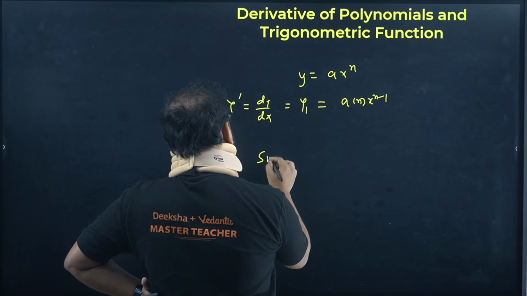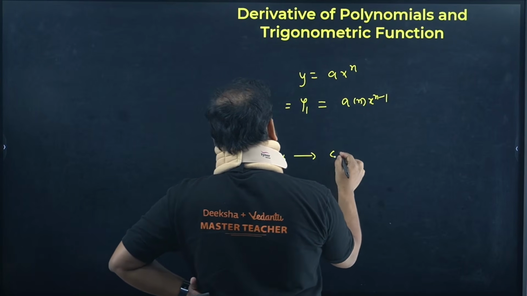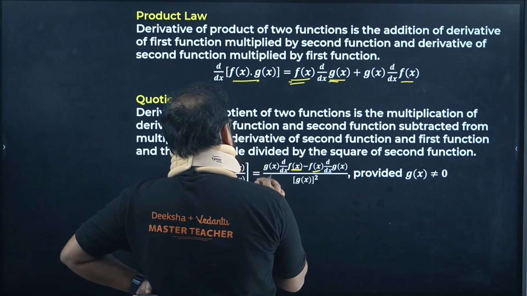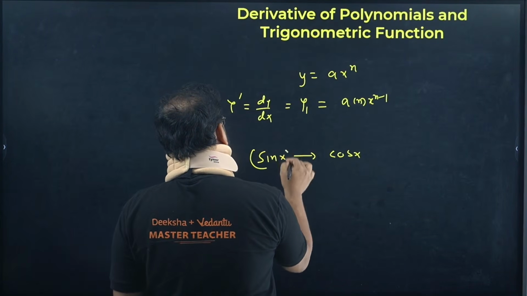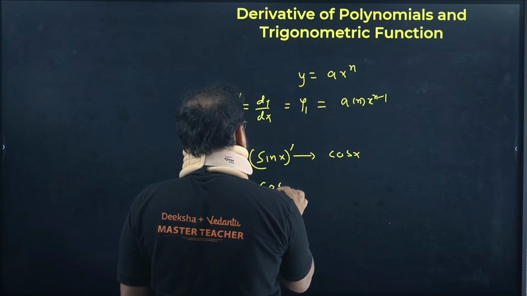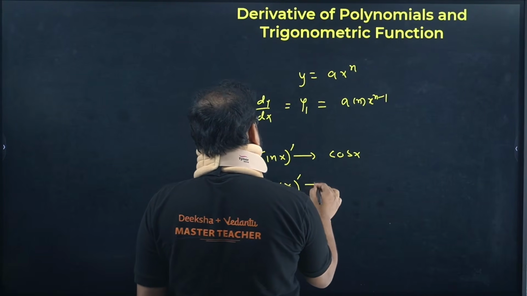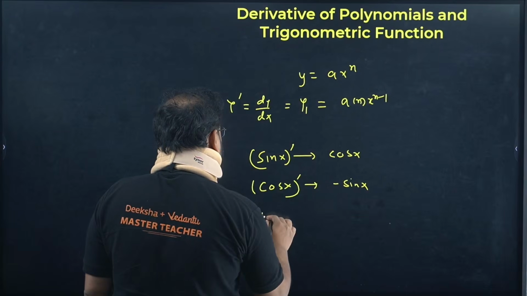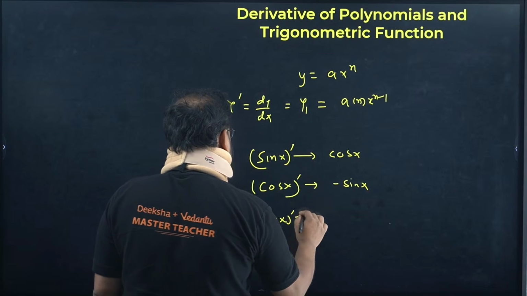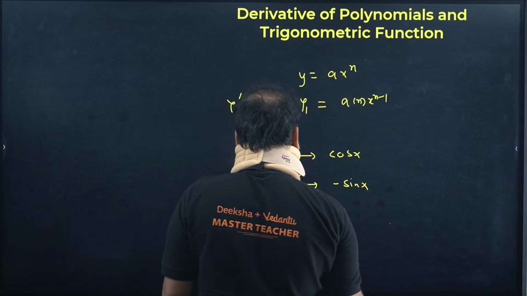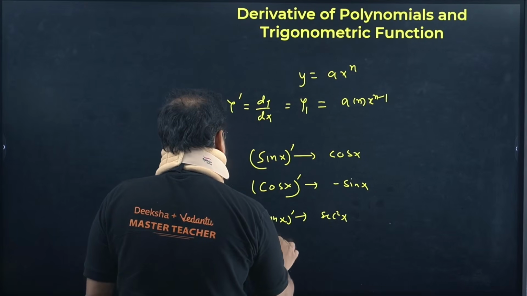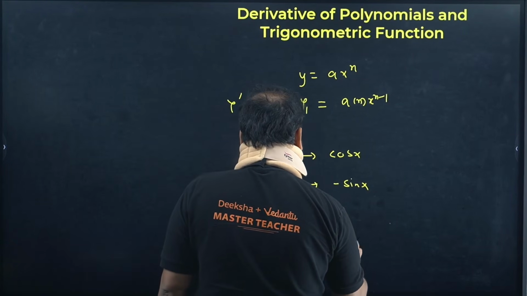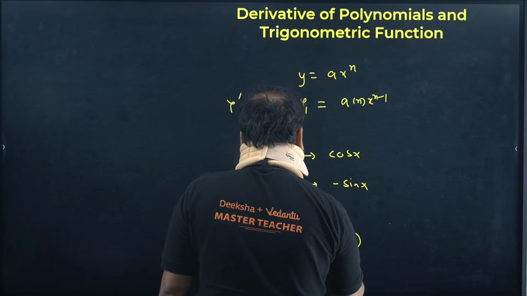The derivative of sin x we all know is cos x. The derivative of cos x is minus sin x. We have tan x as secant square x, and secant x as secant x tan x.